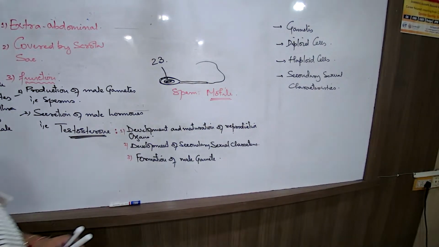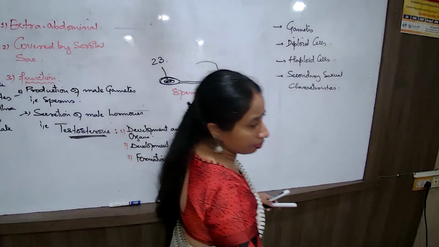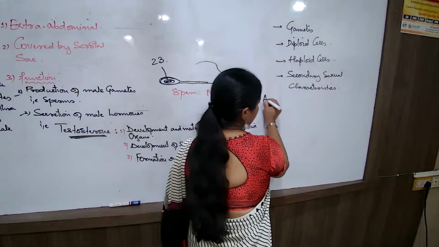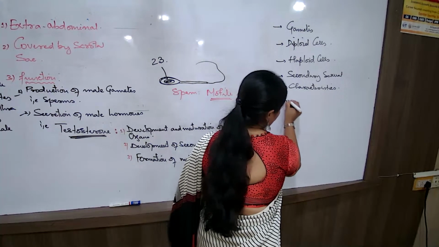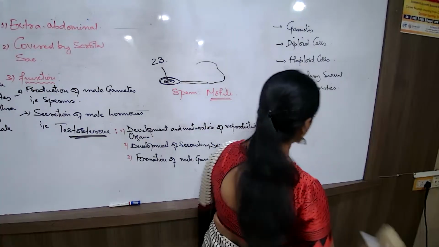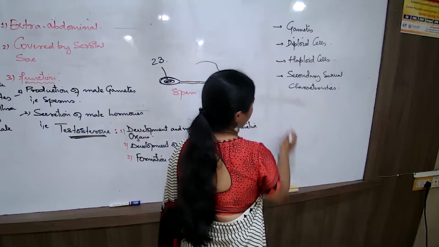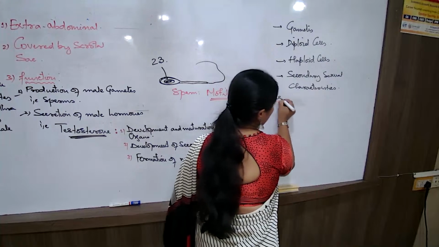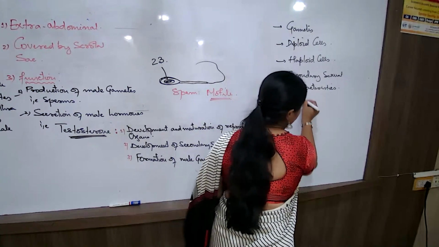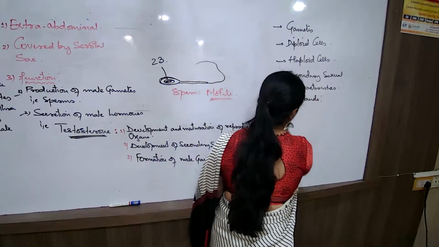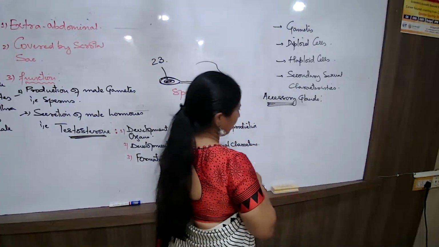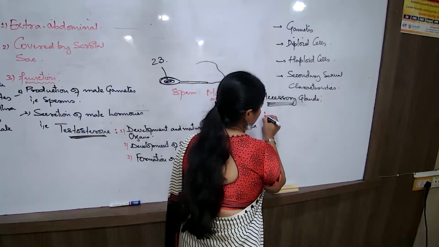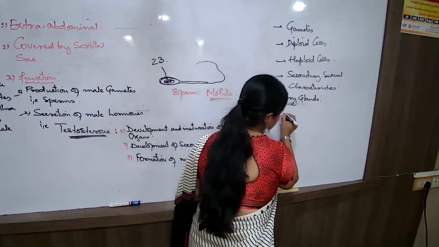When I talk about the seminal vesicles and the prostate glands, they are also known as the accessory glands in the male body.